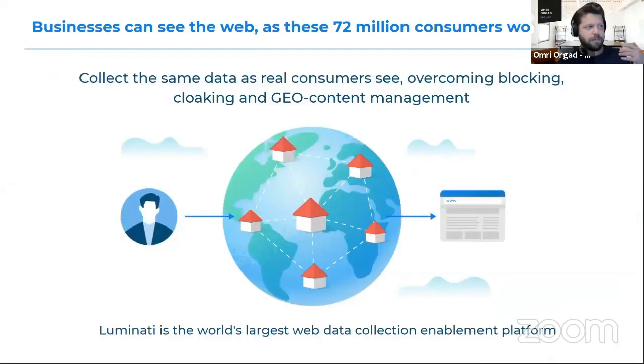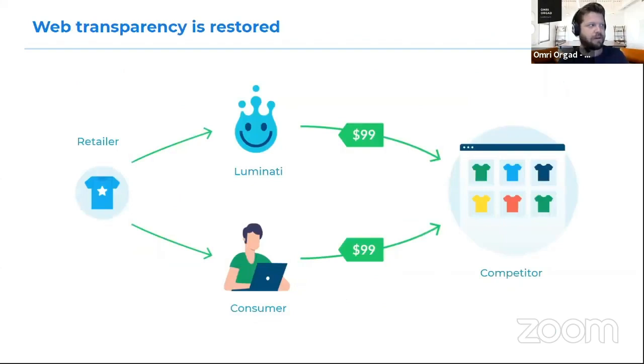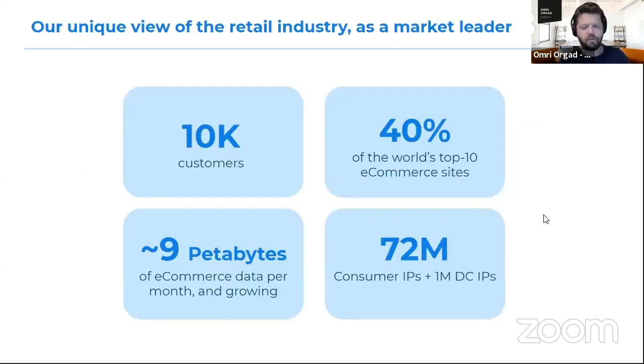So businesses are using Luminati, of course, to overcome the blocking. I would say the core value of Luminati is to allow enterprises, retail chains or any other Luminati customer to see the web the same way that users are seeing it, on a mass scale. So once you use Luminati, you're able to see what the users are seeing.